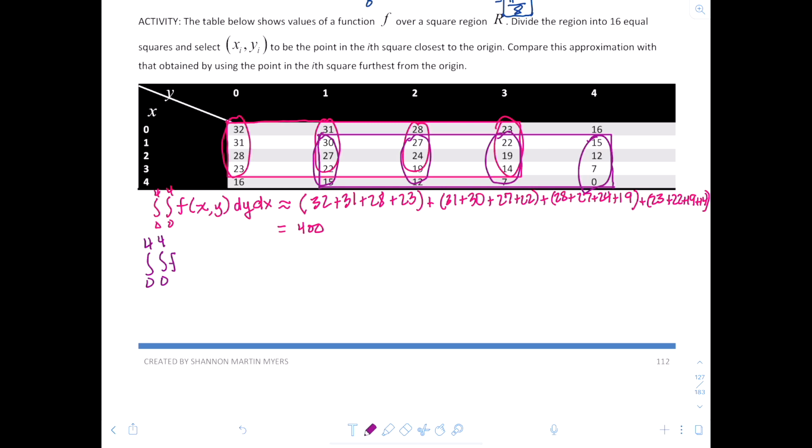So we'd have our f of xy dy dx, and that's going to be approximately 30 plus 27 plus 22 plus 15 plus, continuing, 27 plus 24 plus 19 plus 12.